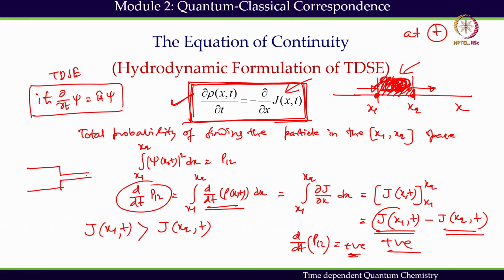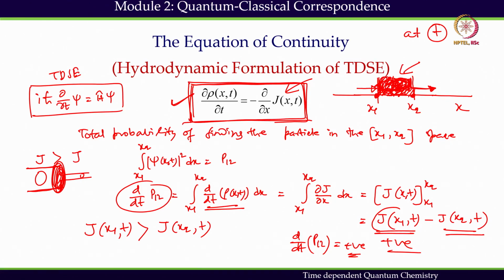Let us say I have a liquid flowing through a tube, which has a large diameter here and a small diameter here. So there is a current difference now, and if the current here is greater than the current here, then there will be an accumulation of liquid here, and that is exactly what is going on here also. The current entering the regime and the current going out of the regime are different, and current in one dimensional space is nothing but the velocity.